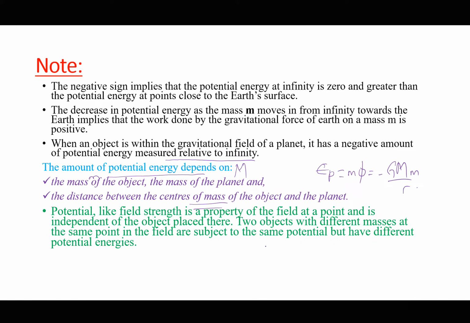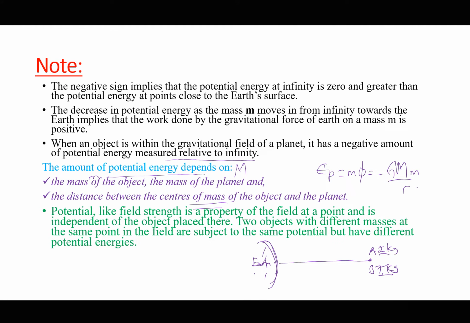So if this is the Earth's surface, and I have two objects at this point here, object A and object B. If this is 2 kilograms and this is 7 kilograms, if I consider potential at this point for both objects, potential is the same because it is not depending on these masses, it is only depending on the mass of the Earth.